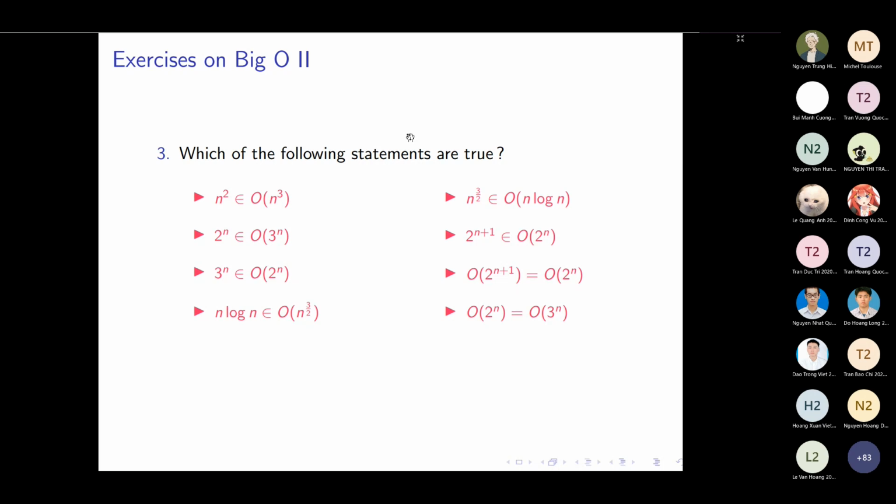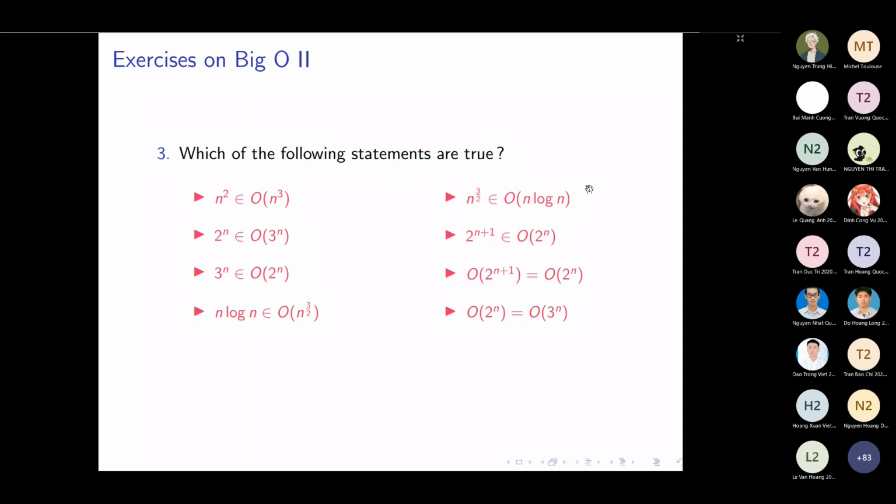The third one, I say false because, as in the second one, 2 to the n is always less than 3 to the n as n is greater than 1. So there doesn't exist C satisfying 3 to the n less than or equal to C times 2 to the n. Okay.